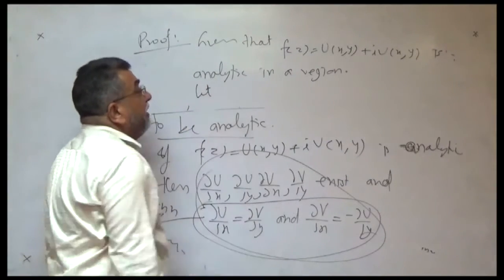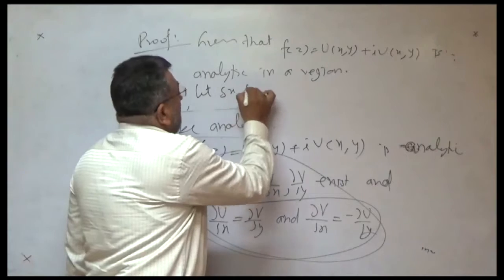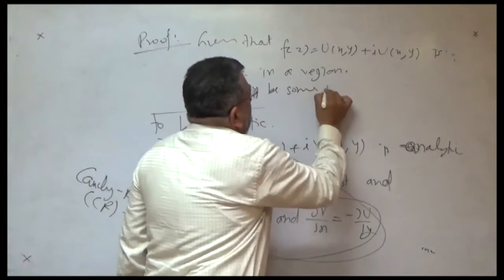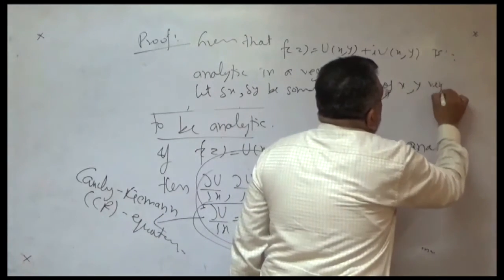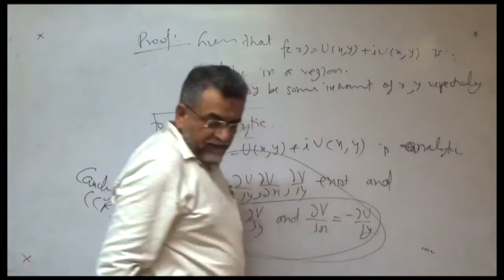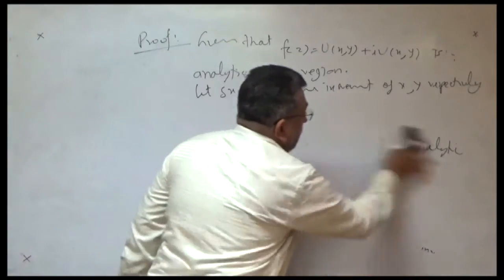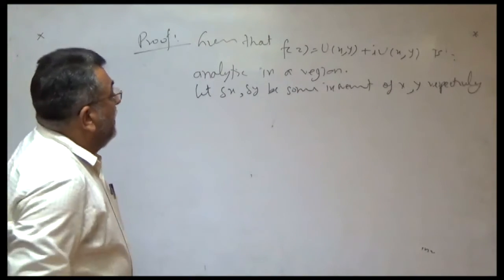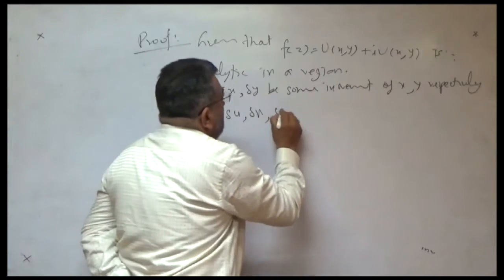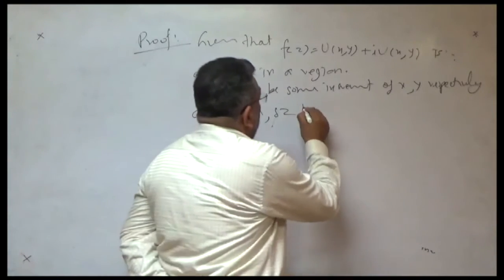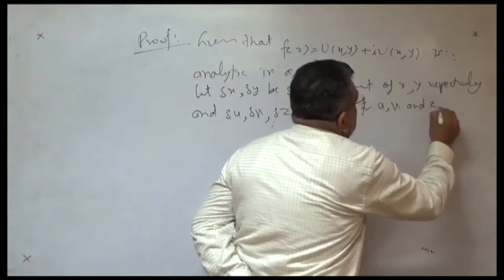For existence of the derivative, let del x and del y be some increments of x and y respectively, and del u, del v and del z be the corresponding increments for u, v and z.